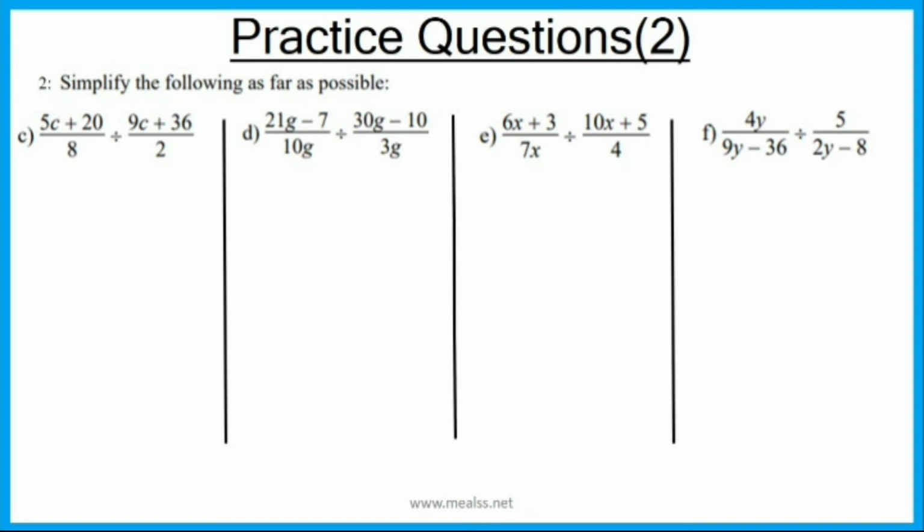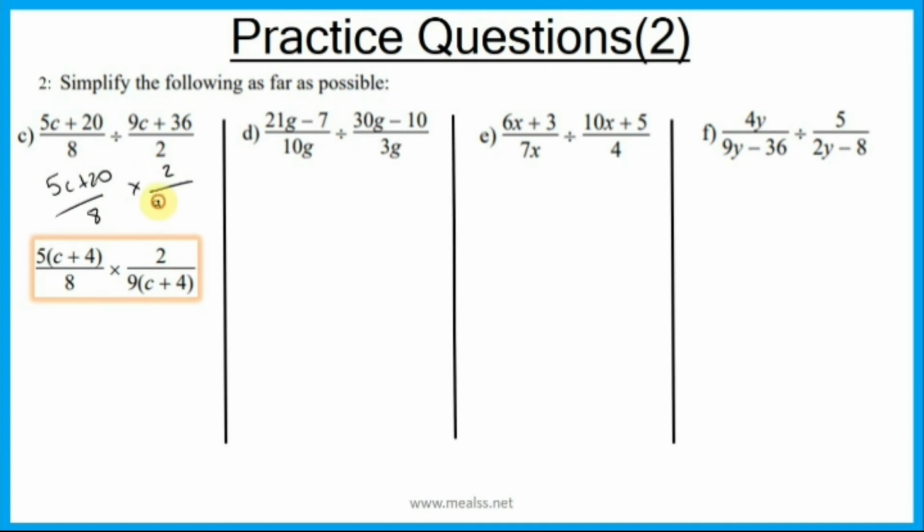So for the answers, I just want to make a point. I have missed out the first step, which is to flip the fraction and put the times sign there. So I have put the second and third and fourth step there. So what you should have got here is 5c plus 20 over 8 multiplied by 2 over 9c plus 36.